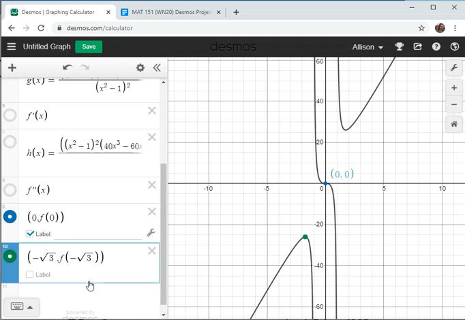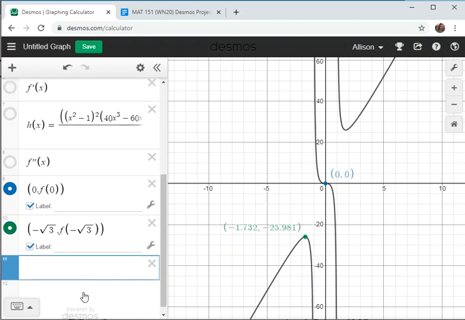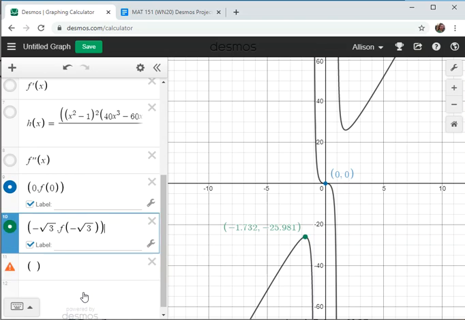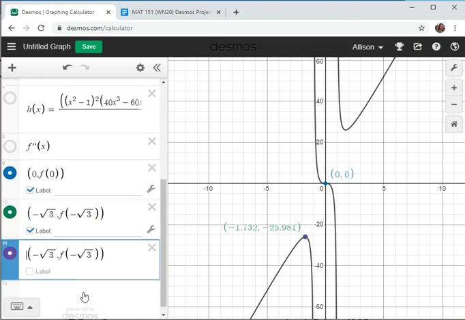Make Desmos do it, because when it displays in the graph, it's going to give me decimal values for them anyway, so no point getting the exact value for that. And same thing, if I copy this, I should be able to paste it, take out some extra negatives here. There we go. And then hit the label box. So the label box right here is just giving us the decimal coordinates of those points.